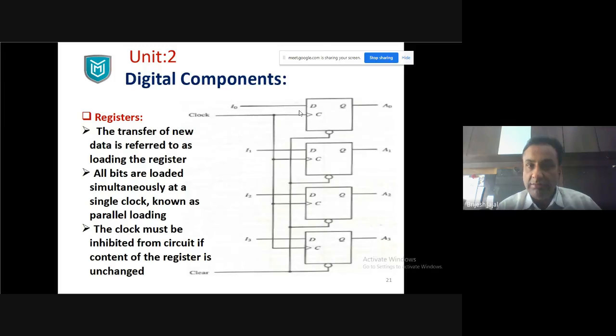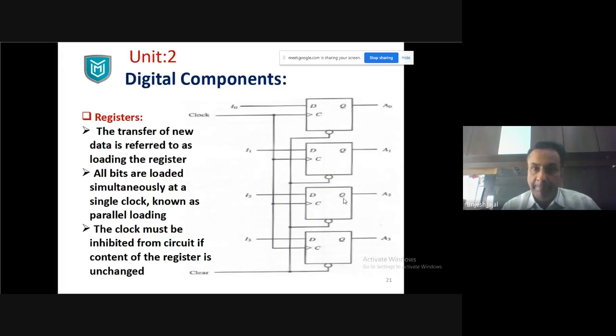But what you need to remember, the more important part, is this. You have clock, obviously. Without clock the circuit will not work, right? Once the clock is on, then only the input is copied. So 4 inputs, 4 outputs, in between flip-flops. You have clock and you have clear.